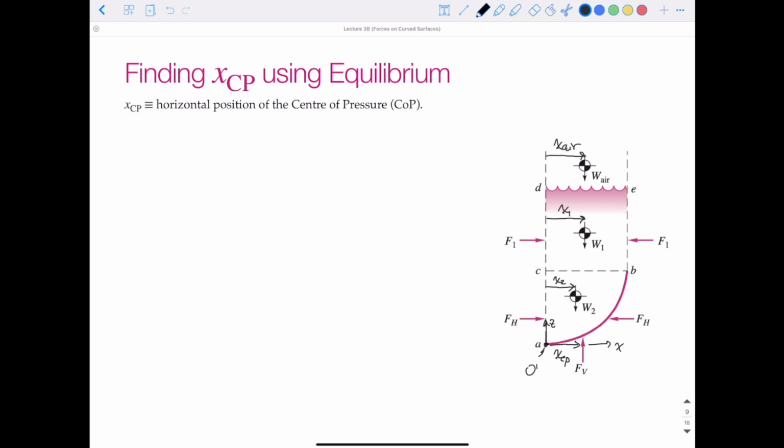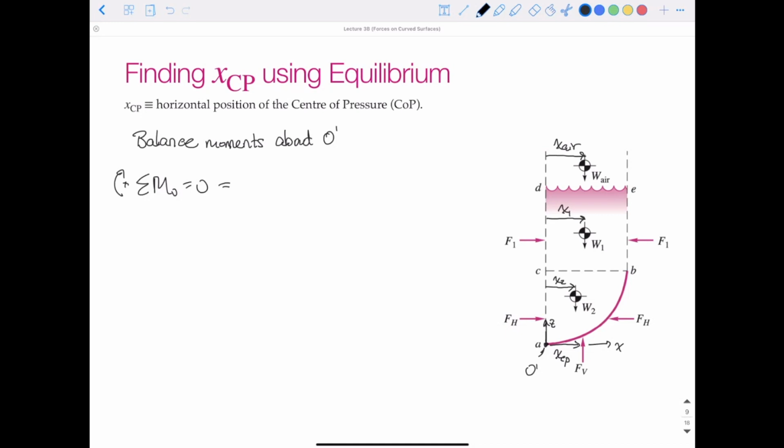So we need to balance the moments about O. So if we do that, sum of the moments about O is equal to 0. Let's choose clockwise to be positive.